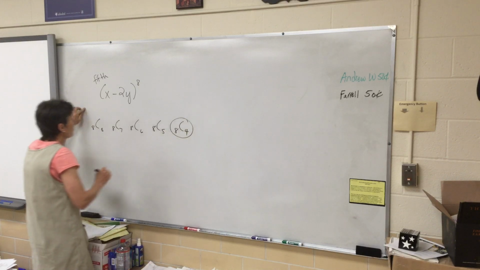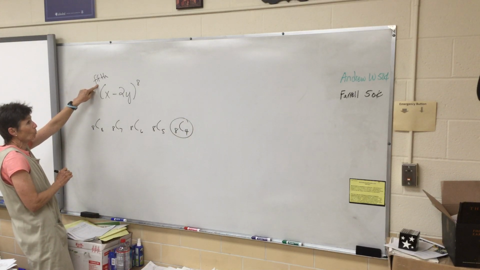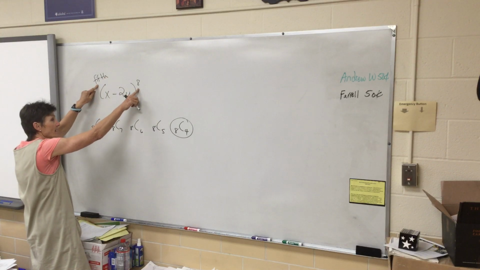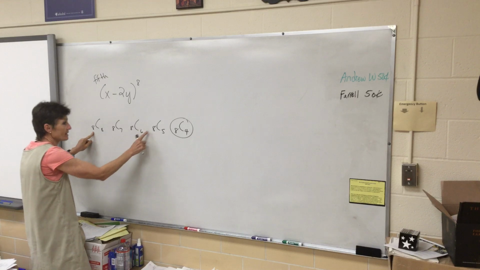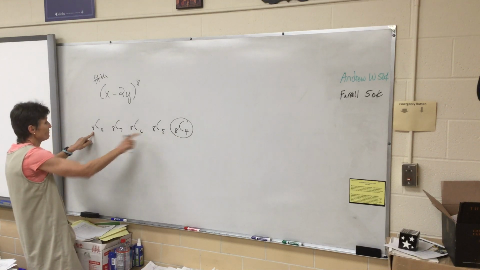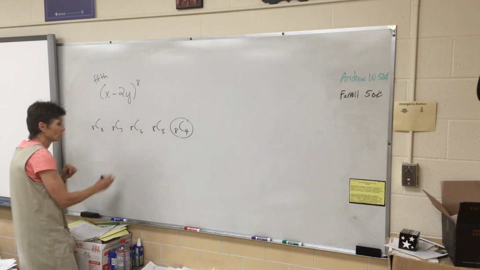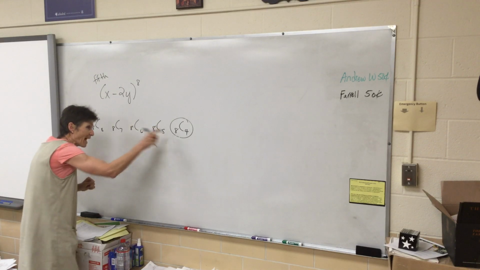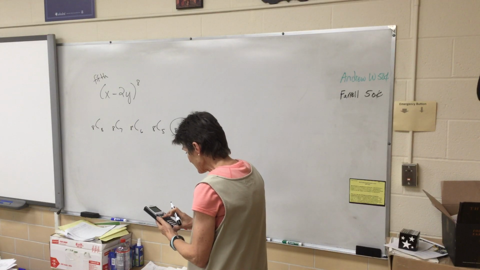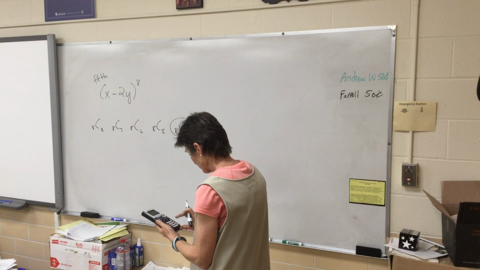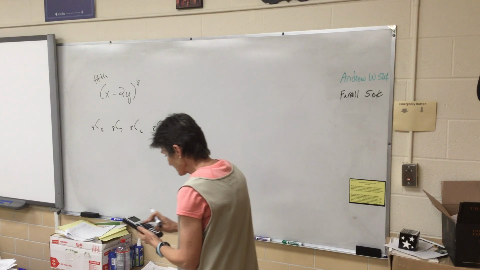And that's the one I want, because I want the 5th one. It's to the 8th power, so 8C8, 8C7, 6, 5, 4. That one is the 5th, 1, 2, 3, 4, 5, the 5th one in the list. So that's the number that I want. So I need 8C4, and that's 70.